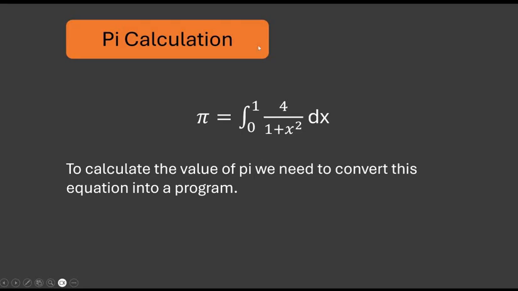But we cannot just give the complete integral as it is to the computer. We'll need to break it into a program for the computer to be able to understand. So imagine this. Let's say I have a graph. Please excuse my drawing. It's not very good.